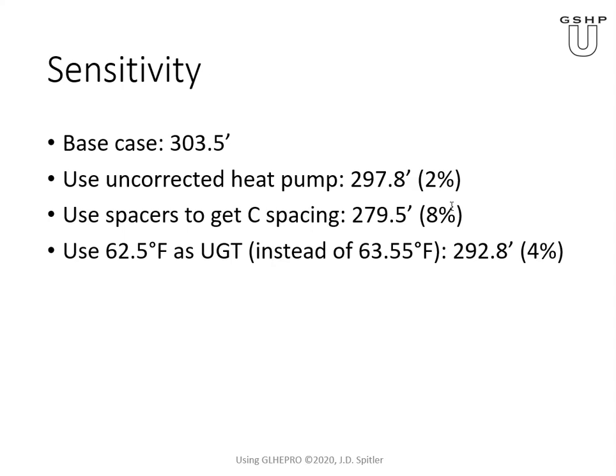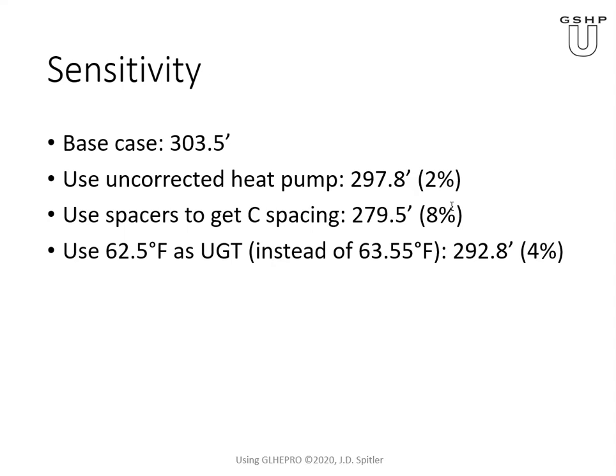But I think it's very unlikely that you would find you save 8% on the cost, because the extra labor and time associated with putting the spacers on and dropping them down hole just means it's unlikely that you're going to get this economic savings, even if you get the drilling savings.